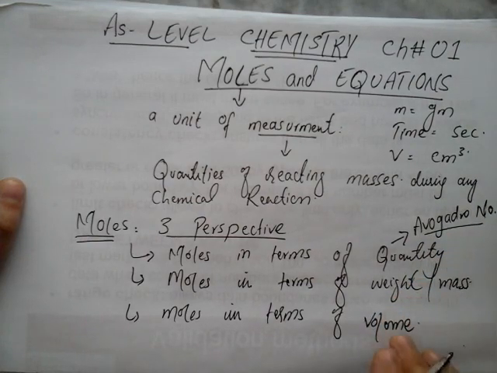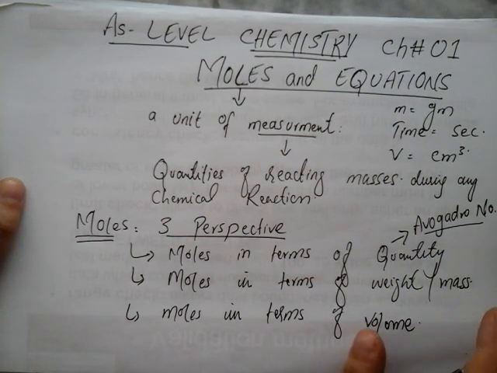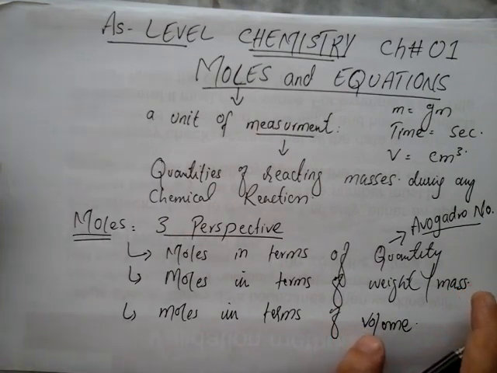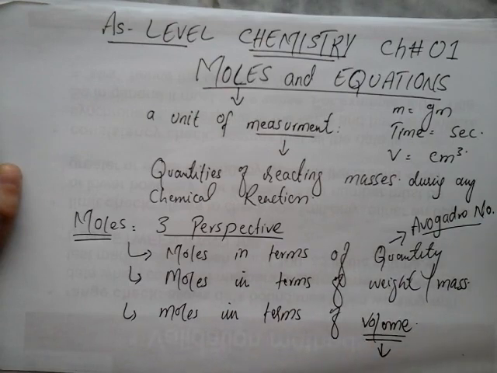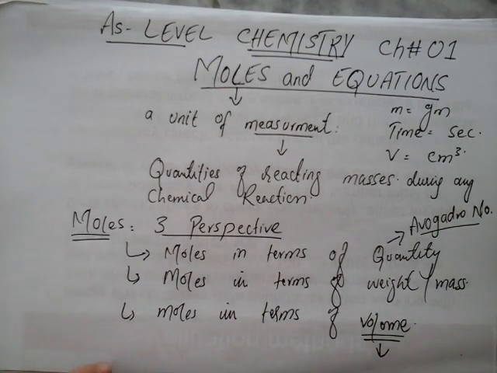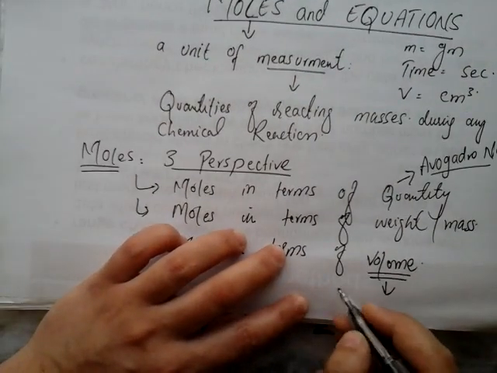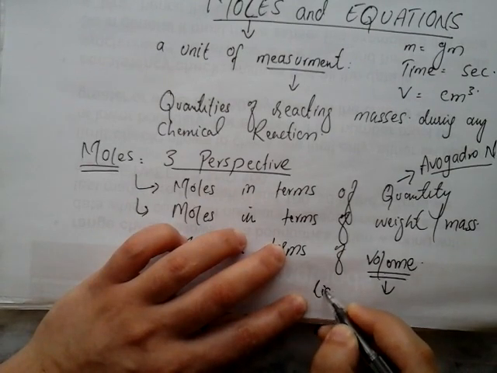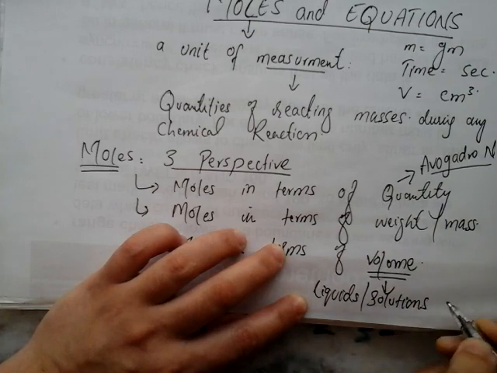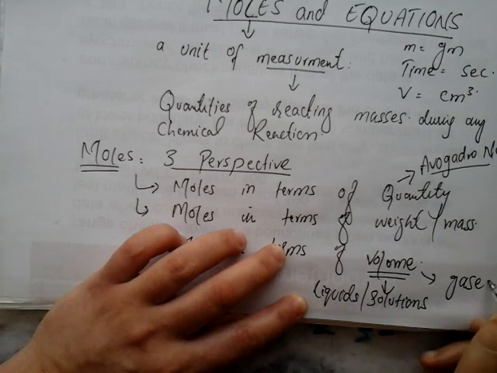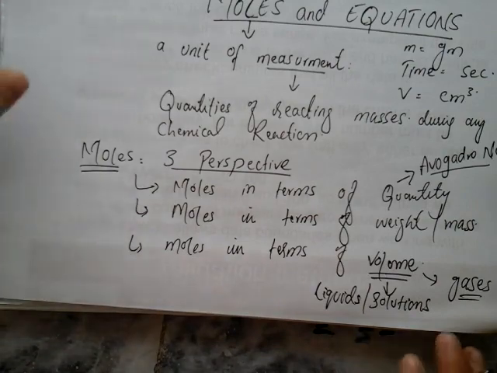In terms of weight or mass, in chemistry we usually take weight and mass as equal. And volume is used for liquids or solutions, and we also use volume for measuring the amount of gases. So this is how moles are calculated.